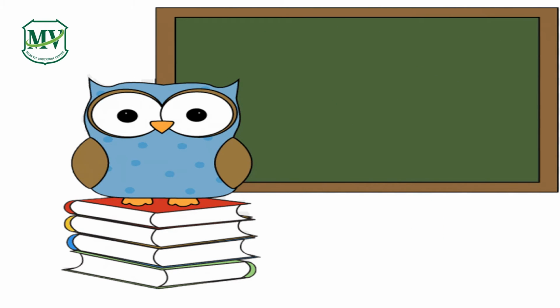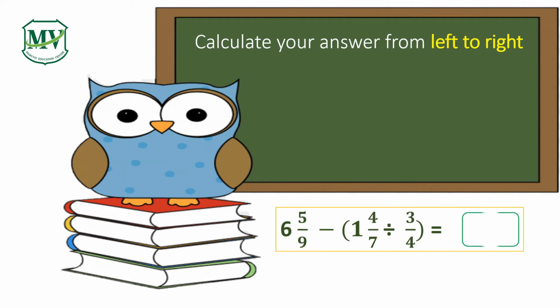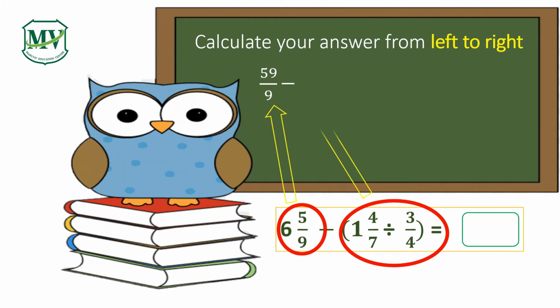After solving fractions within the bracket, calculate your answer from left to right. So 6 and 5/9 is equal to 59/9 minus 44/21. Since 59/9 and 44/21 are unlike fractions, get the least common denominator, which is 63.